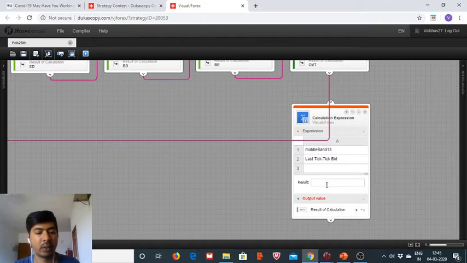So here we will subtract the A2 from A1.